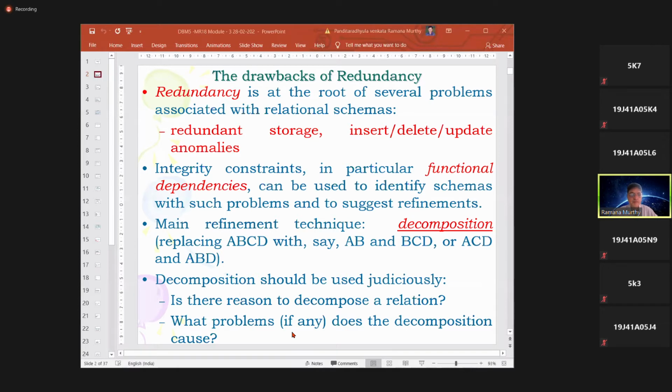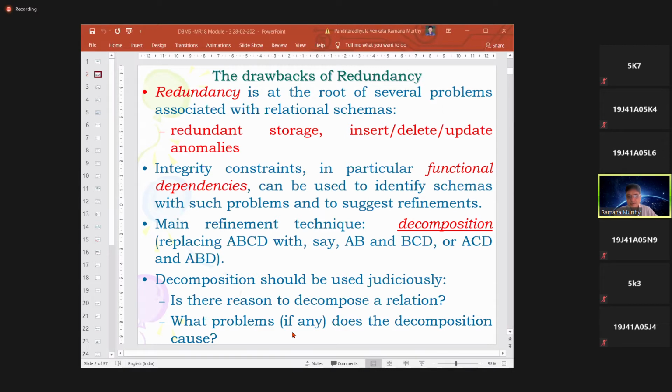But whenever you want to apply decomposition, you should use it judiciously. That means we need to very carefully identify whether the table should be divided or not based on a requirement or satisfactory answers.